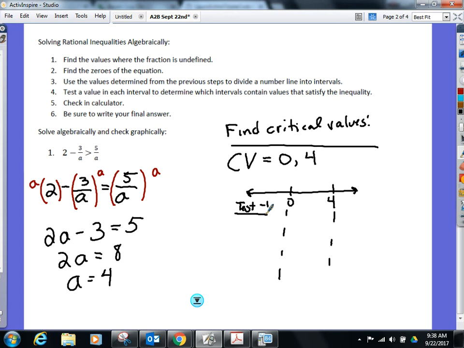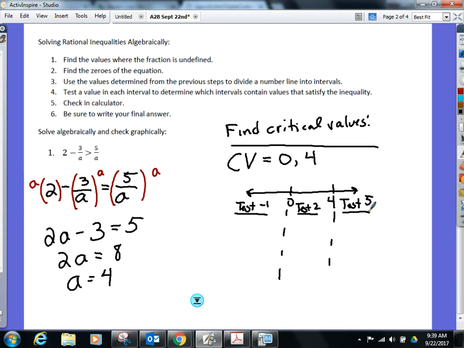Someone gave me 2, so let's test 2. Now I can test 5 for a number outside of 4. And then we'll find out after testing where my answer should be. So is everybody ready? Let's test -1.